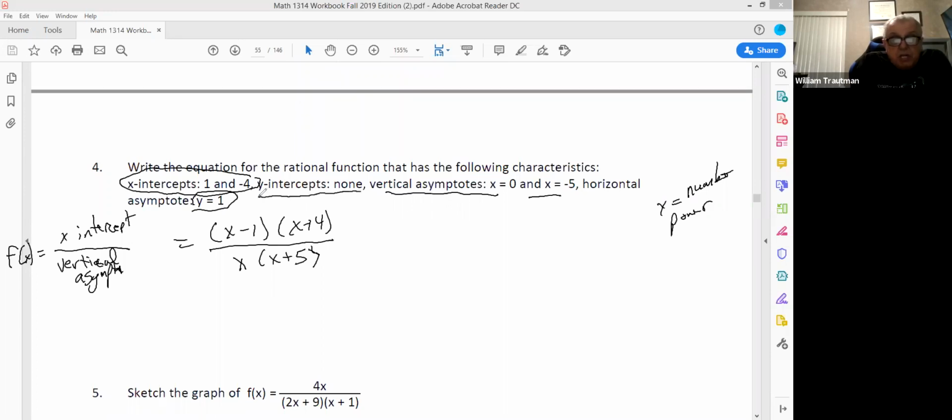Y-intercept, it doesn't say there's any y-intercepts. Can somebody tell me why there's no y-intercept? I could look at this equation and tell you that there are no y-intercepts. Can somebody tell me why?